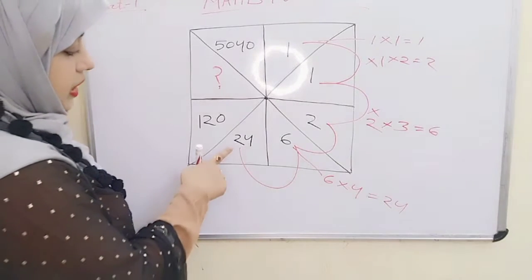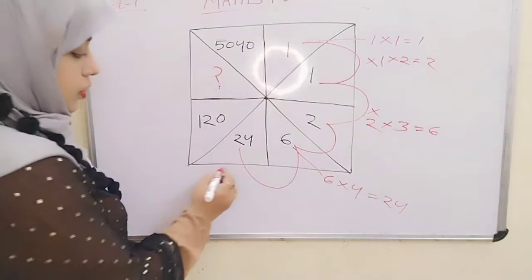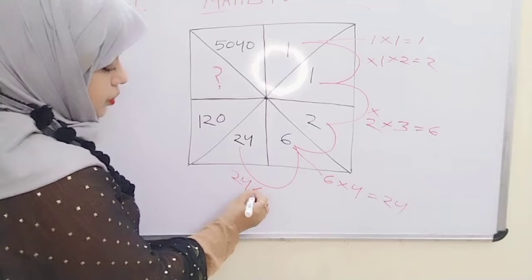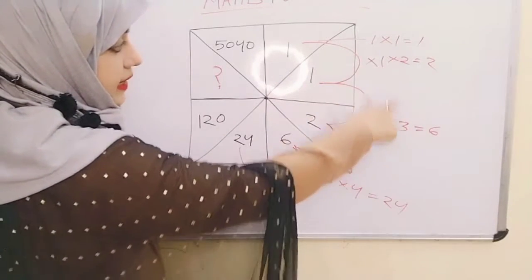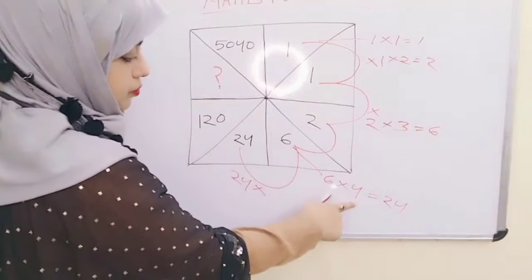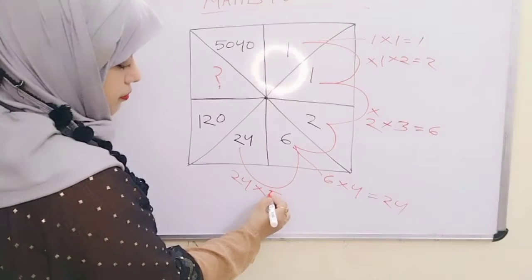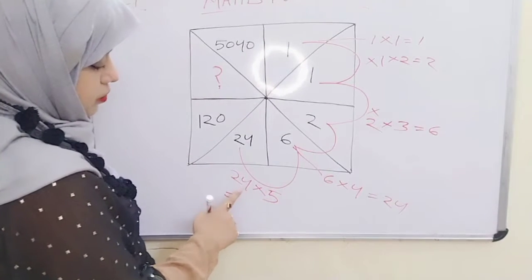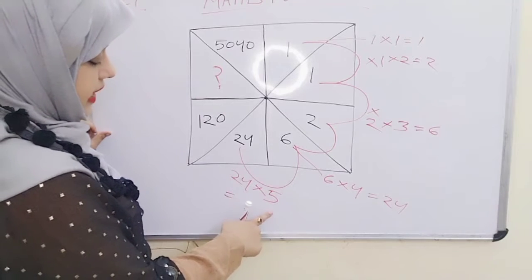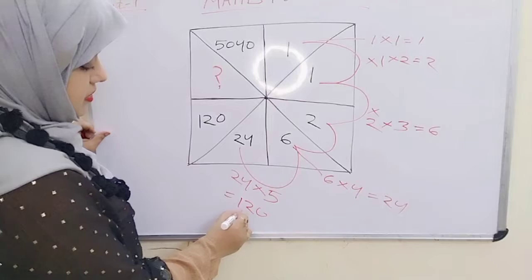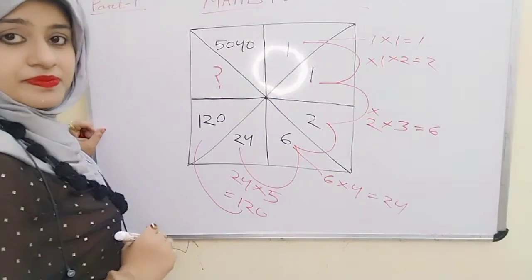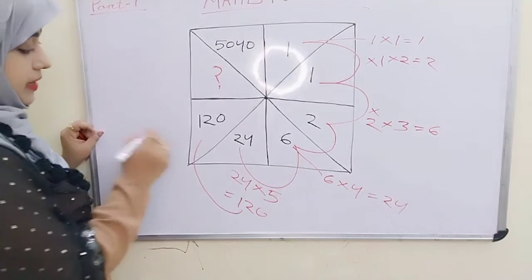Let's do 24. Here you multiply 5, so following the pattern 1 2 3 4 5, when you multiply 24 into 5, it will become 120. Understand? 120 here.